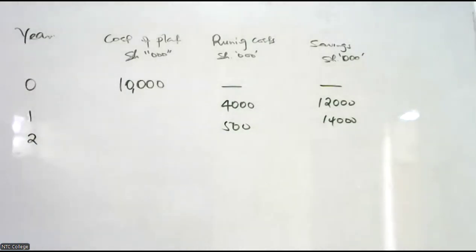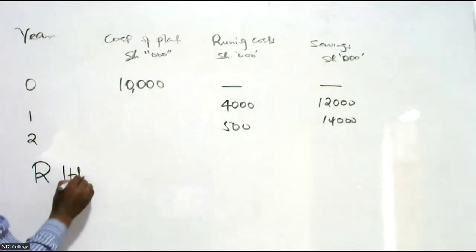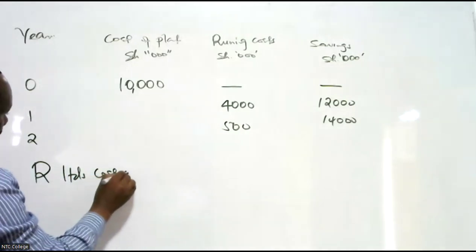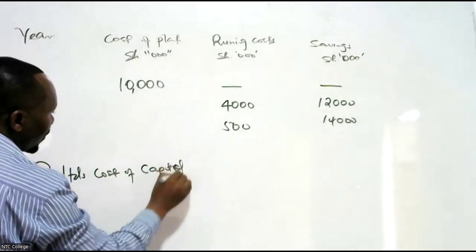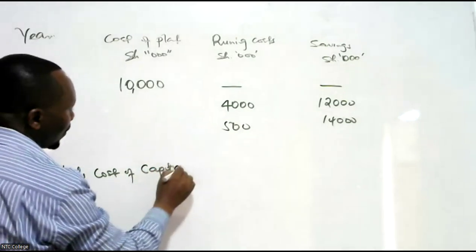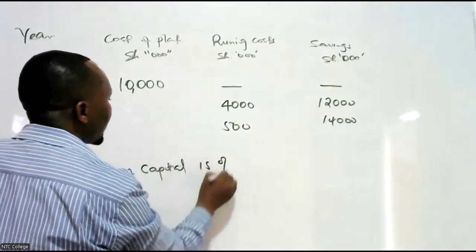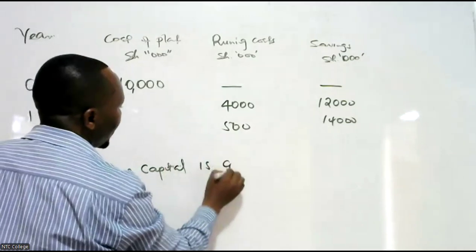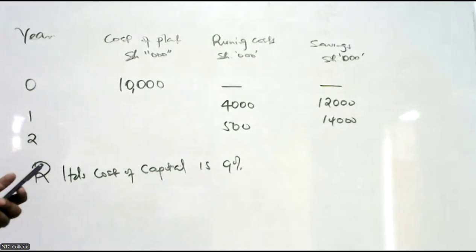You are being told that R Limited's cost of capital is 9%.